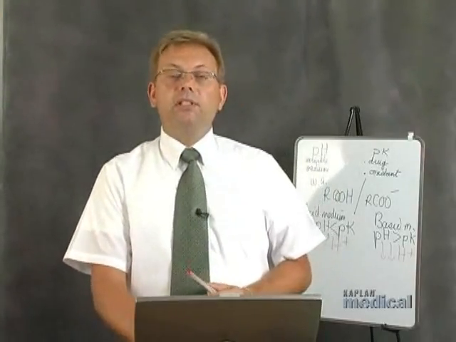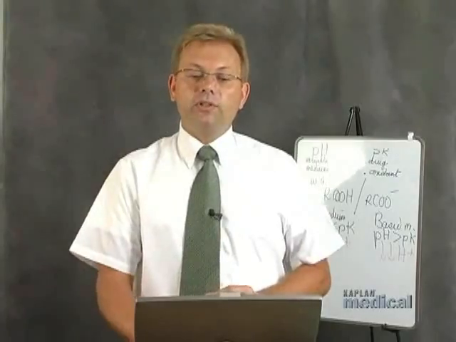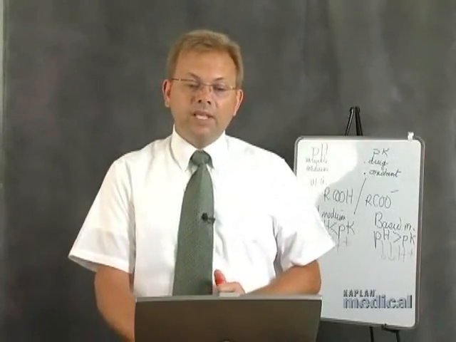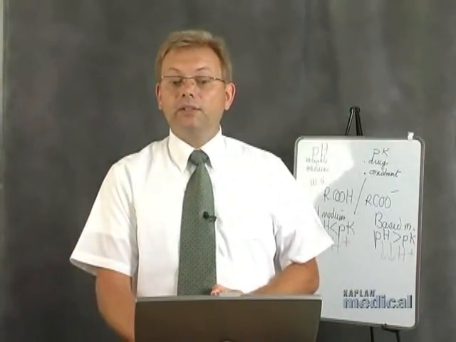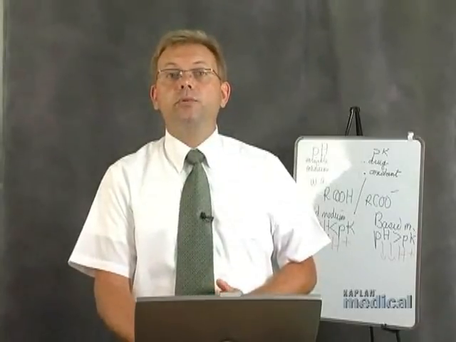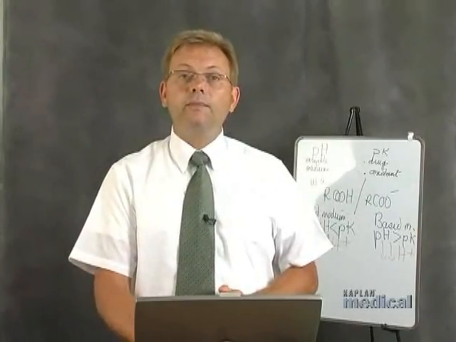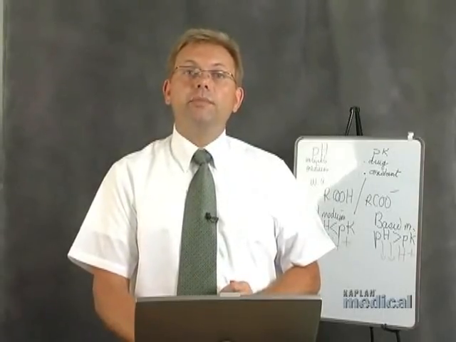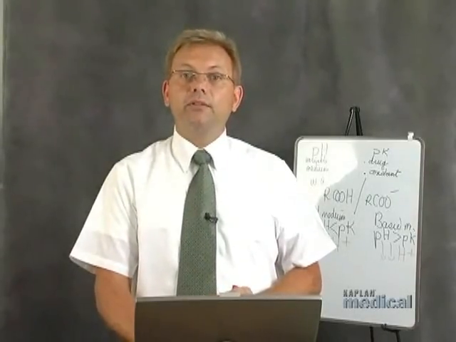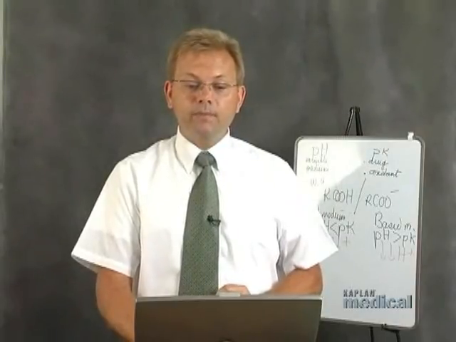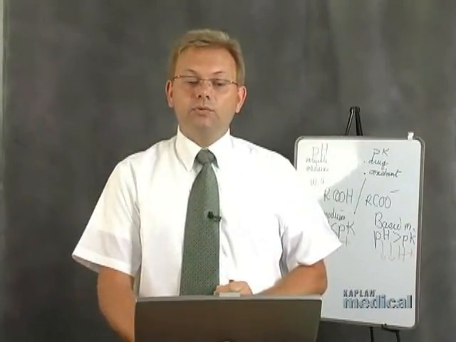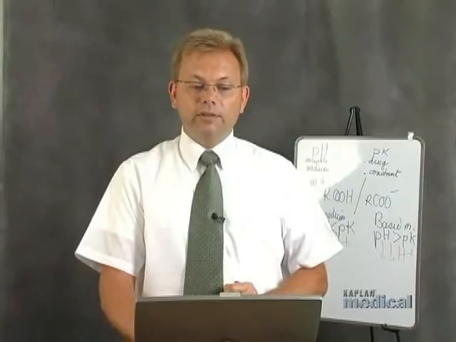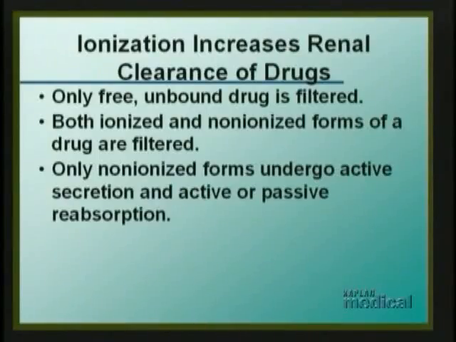You know that the key issue for us would be that ionization increases renal clearance of drug, and when we think of this, there is a great way then of trying to speed up elimination of drug. All we need to do clinically is to change the pH of a medium to favor the ionized fraction of that chemical. Now, when that chemical reaches the kidney at the level of a glomerulus, you keep in mind that only a free drug would be filtered.